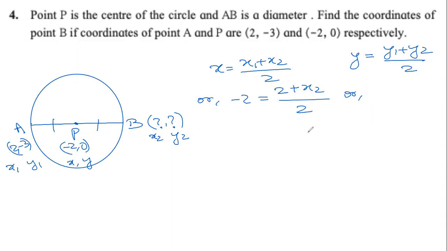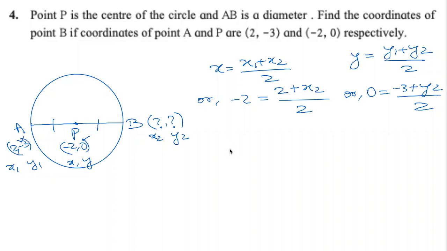Be careful. What is y? y is 0. So 0 equals our y1 is minus 3 plus y2, we have to find out, divided by 2. Now if we solve these equations, which are linear equations in one variable, we will be able to find the values. Find and tell me what the answers will be.